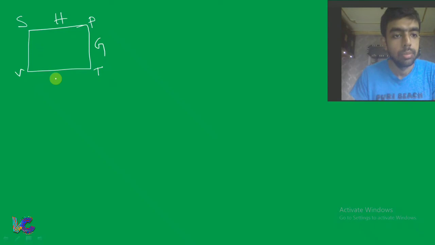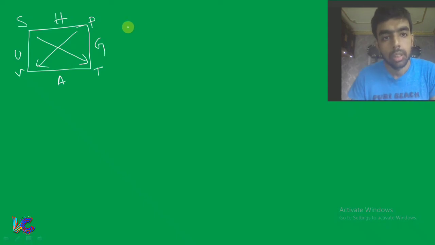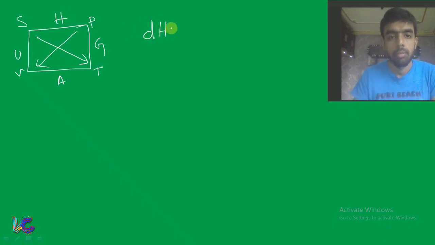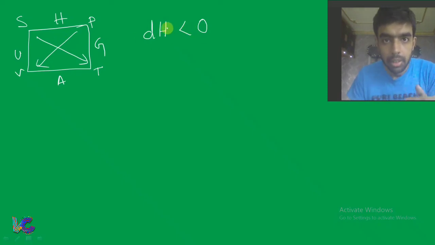Okay, now let's first take dH. I've said dH is less than 0 at the proper constant variables. Now you only have to see which two variables H is in between.